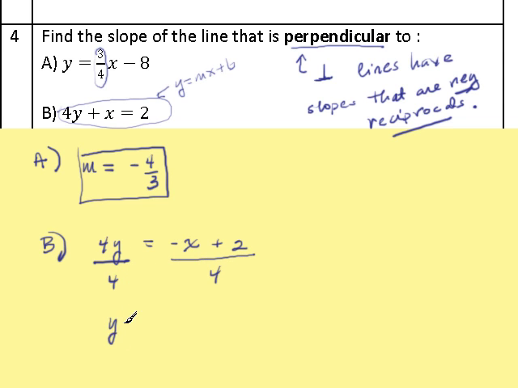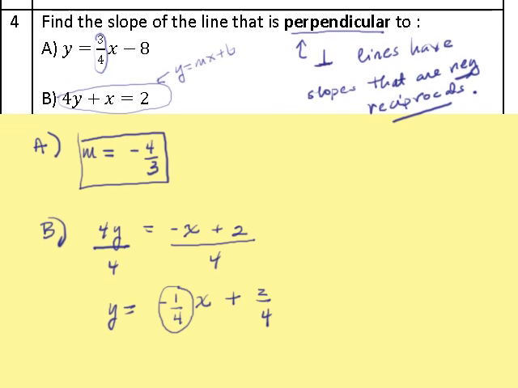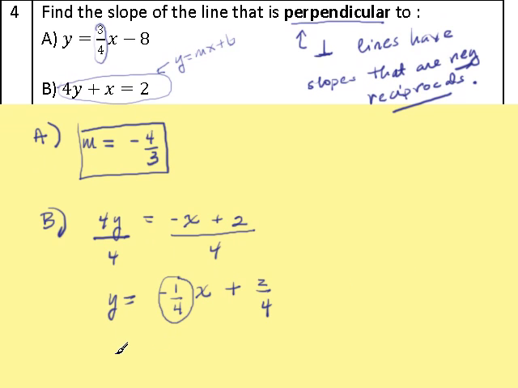And we have y is equal to, in front of x, we have minus 1 over 4, plus 2 over 4, or 1/2. But this is really all we're interested in. Now we can write down the slope of a line that is perpendicular to this line. So let's write that down. We just want the negative reciprocal of minus 1 over 4, so that would be positive 4.